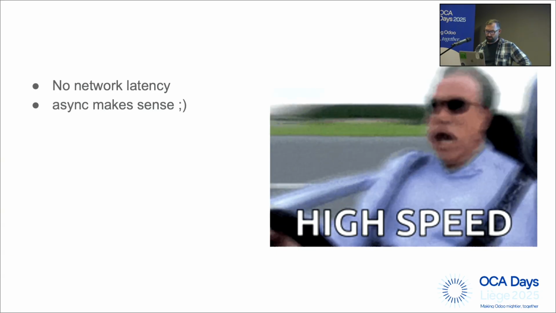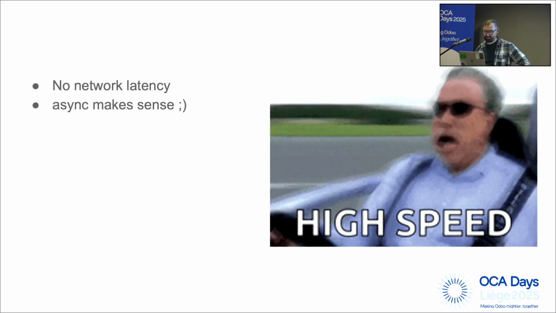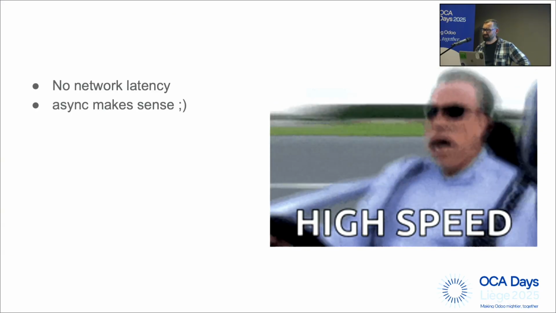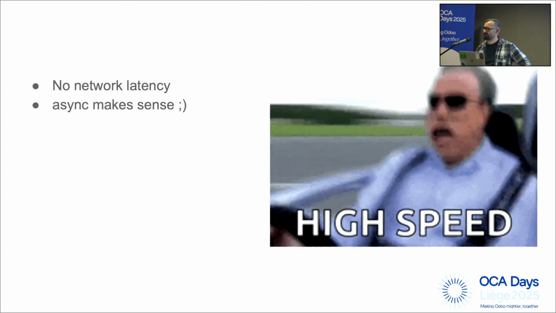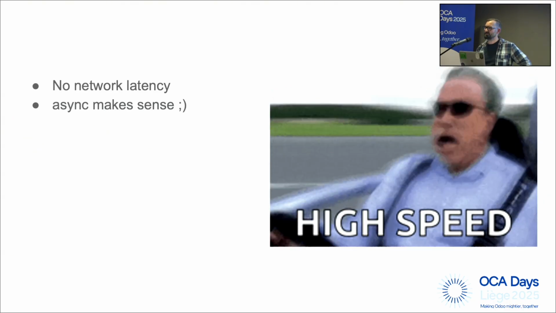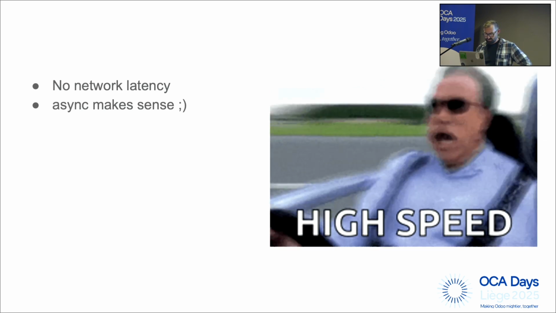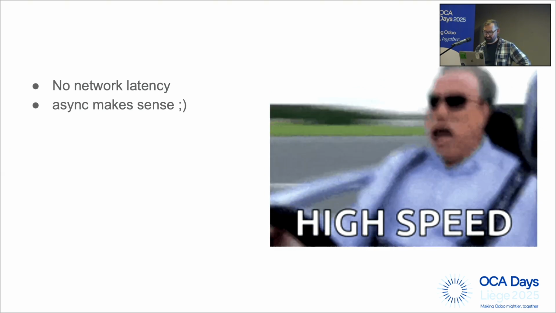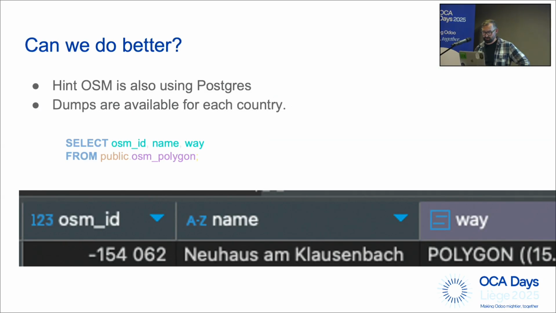So that's it. And that was the first time for me async really made sense. Out of curiosity, how many people are using async in Odoo projects, or who has ever used it? Okay. So here, if the limit of 3 requests per second is reduced, it really makes sense and is fun.